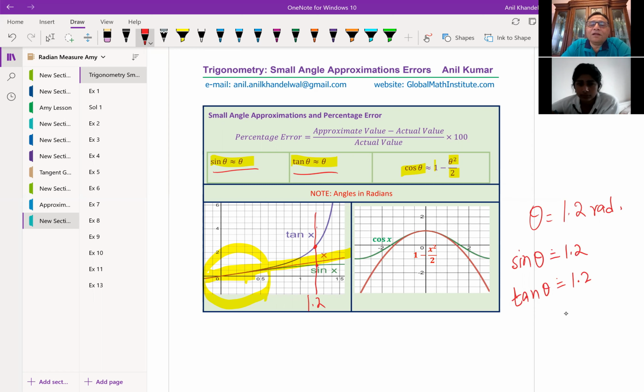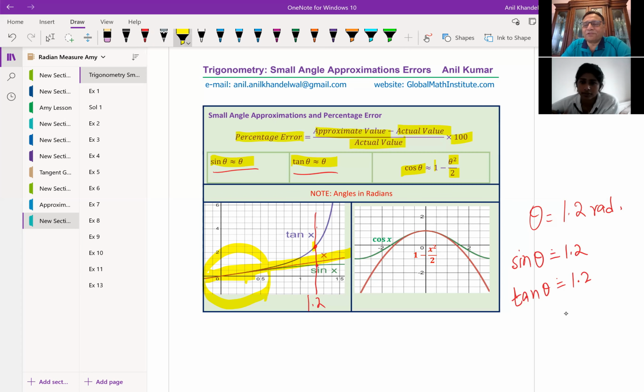Perfect. Now we are looking into percentage error. The standard formula: the calculated value, which in our case is the approximate value, minus the actual value. The actual value will be on the graph of sine and tangent, right? Divided by the actual value, times 100, gives you the percentage error.